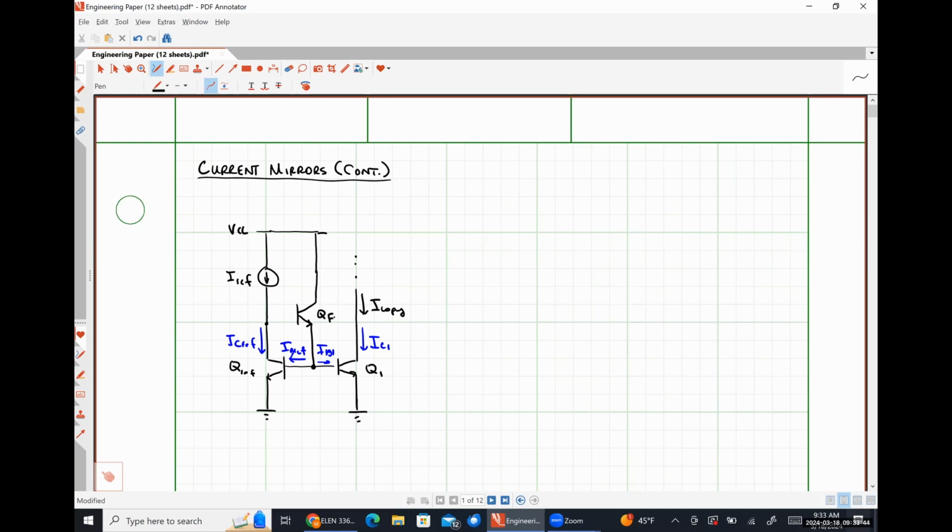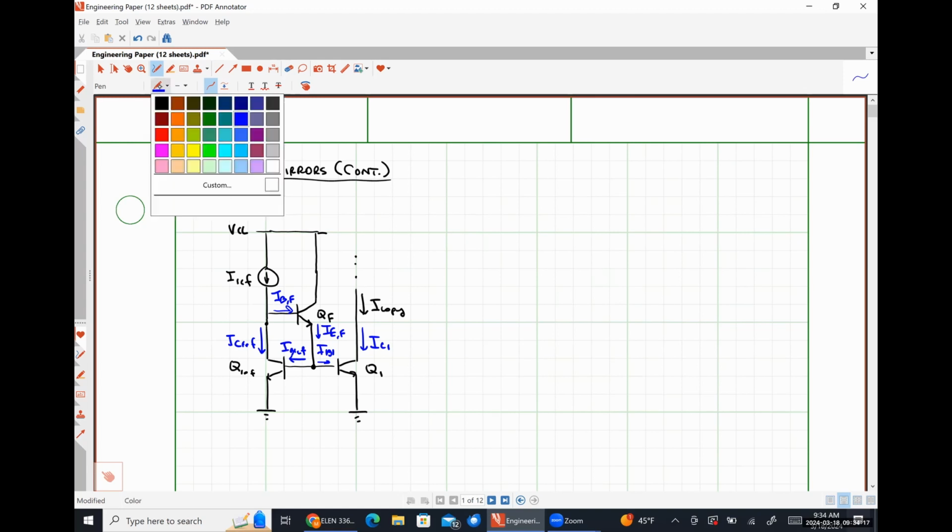So we're going to call this guy Q sub F, like so. And so let's call this current IBF, and this current IEF, like here, and kind of work through some things, right?